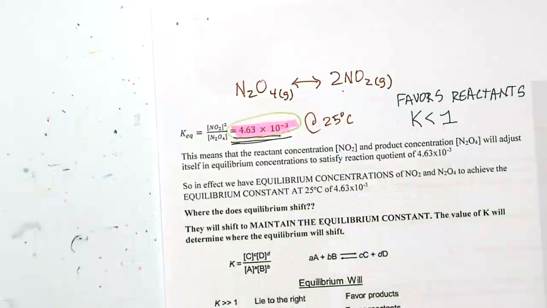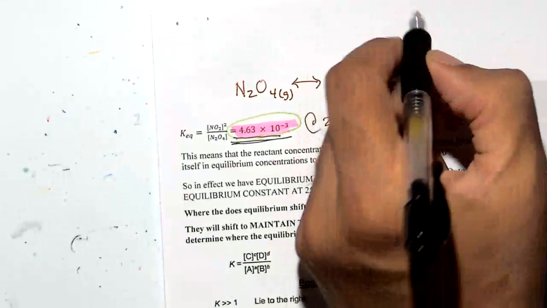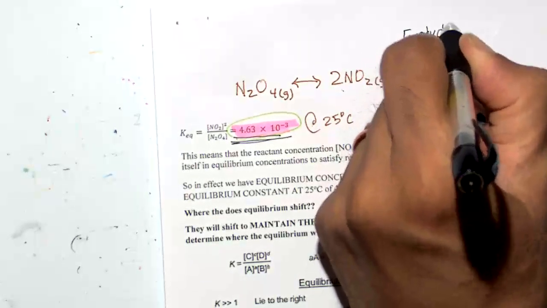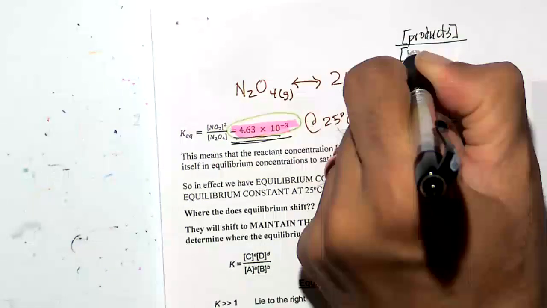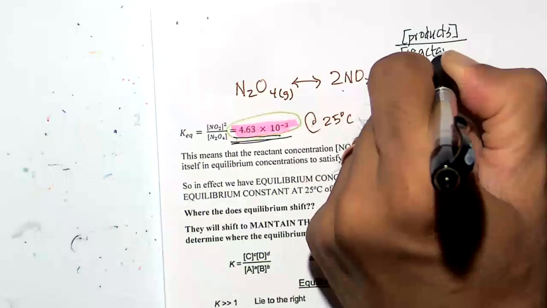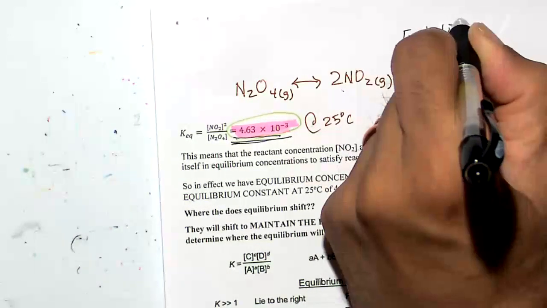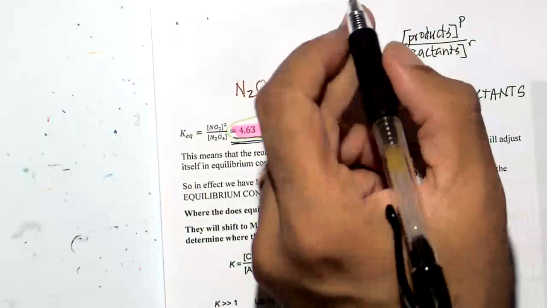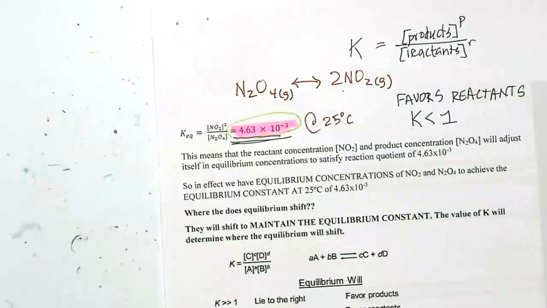The larger this is, the more it's moving forward. You have to remember this is products over reactants, each raised to the power of its coefficient. So yes, this one is going to favor reactants because the number is less than 1.